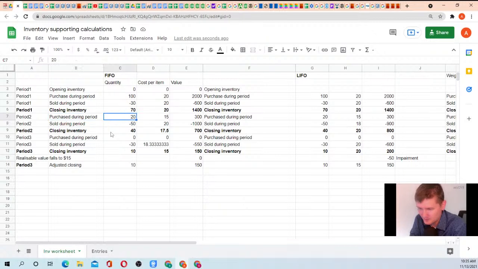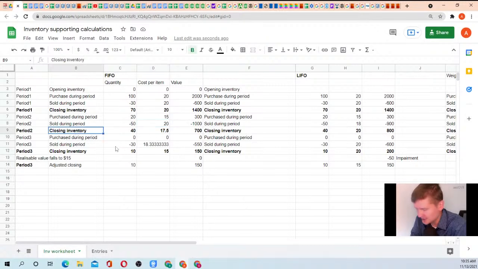But now we purchased additional items, 20 items at $15 per item. So the price is different. And then we sold another 50 items in the period. And the question is, what price shall we use to write this off?